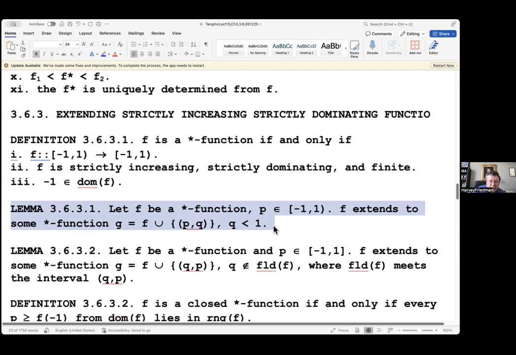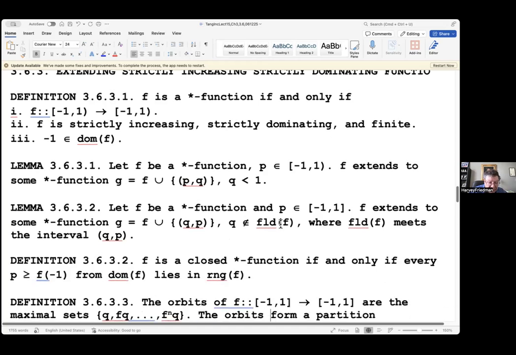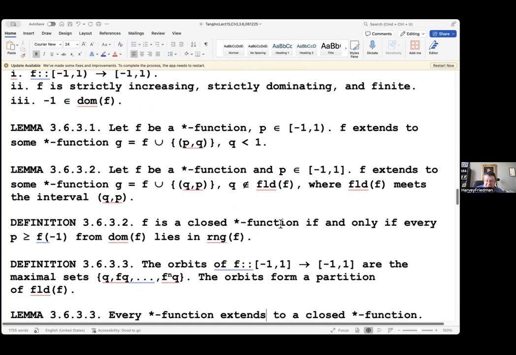Of course, if P is equal to 1, you can't possibly extend because it has to be strictly dominating. You can't make it strictly dominating at 1 because 1 is the biggest number in the space. But if P is smaller than 1, you can do this. And you have to argue carefully about the shape of the function in order to do this completely rigorously.